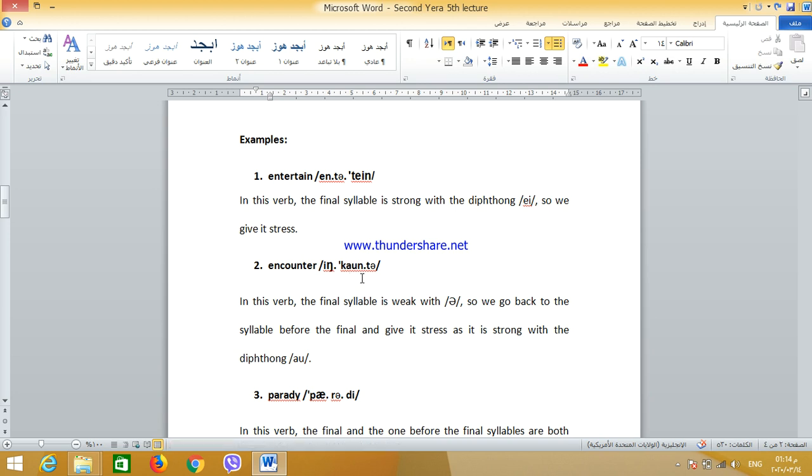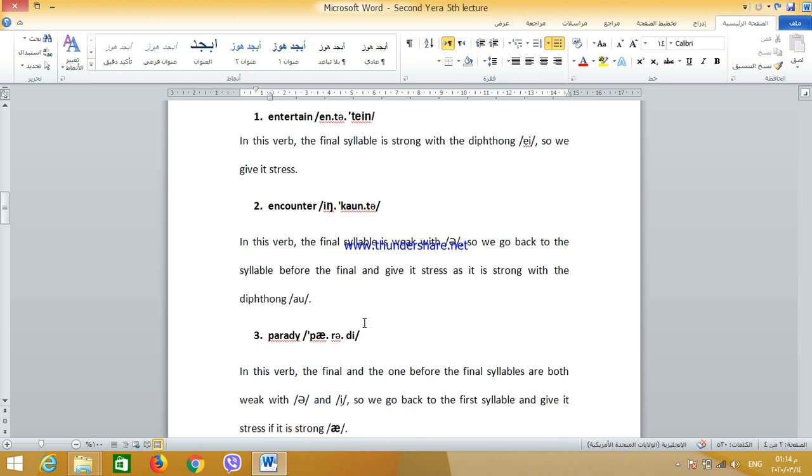So what do we do? We go back to the one before the final and check if it is strong or weak. So now you can see that here we have a strong syllable, coun. So we have the diphthong, ow, plus the consonant sound, n. So is this strong? Of course, it is strong. So we give it the stress, as you can see here. This is the mark of a stressed syllable.